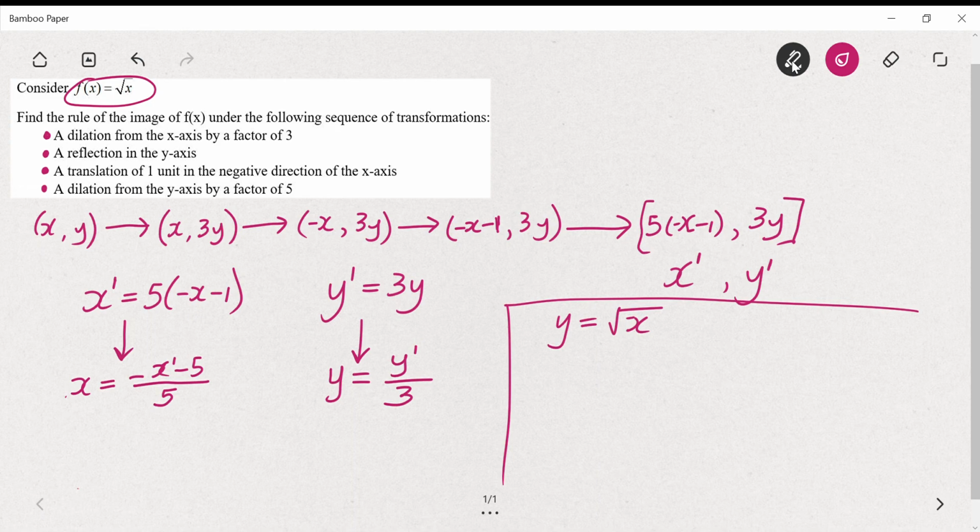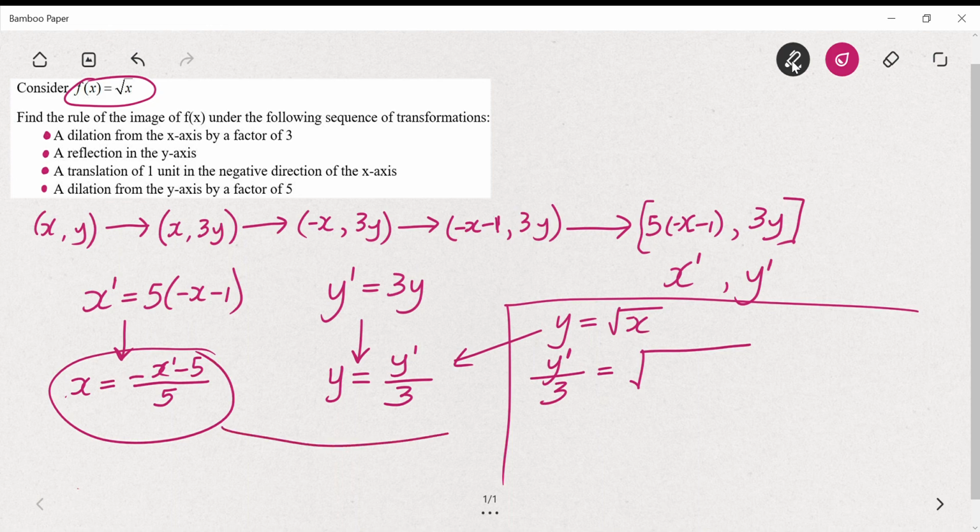Now, we're saying here that that's going to be the same as y prime on 3, because y is y prime on 3, equals the square root of, and then we go over here to figure out what x is, and it's minus x prime minus 5 all over 5.